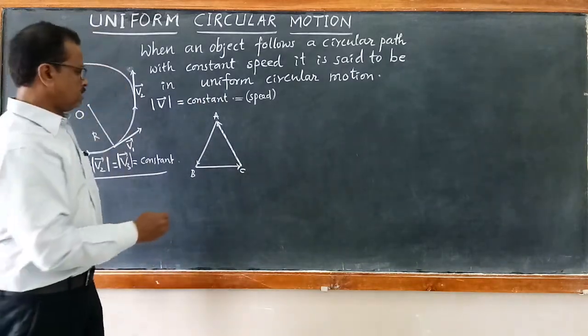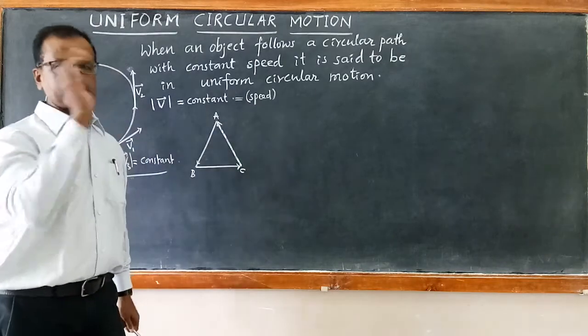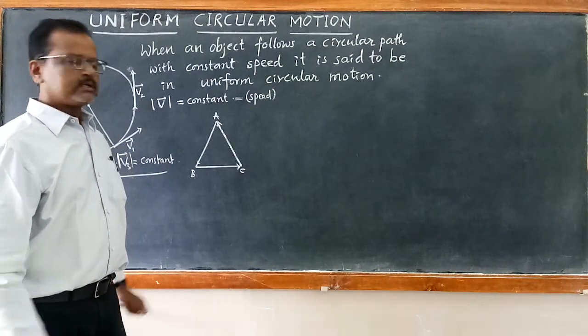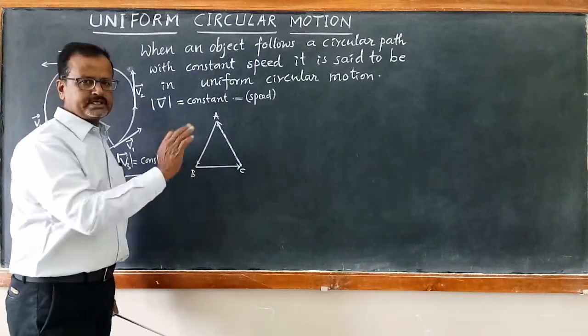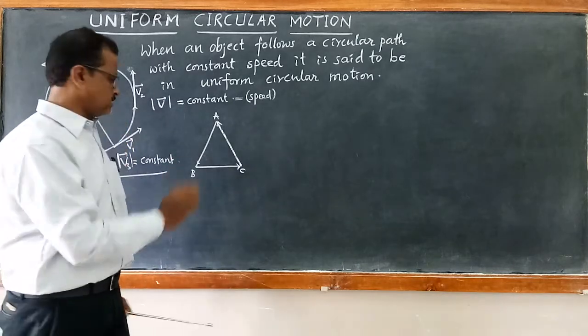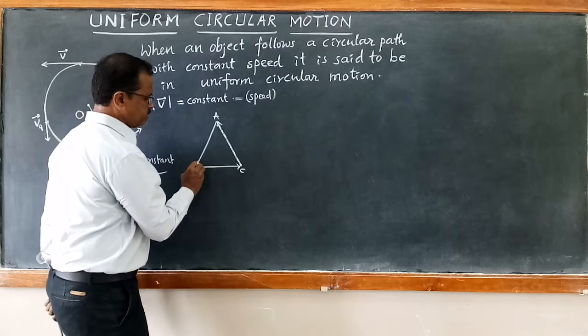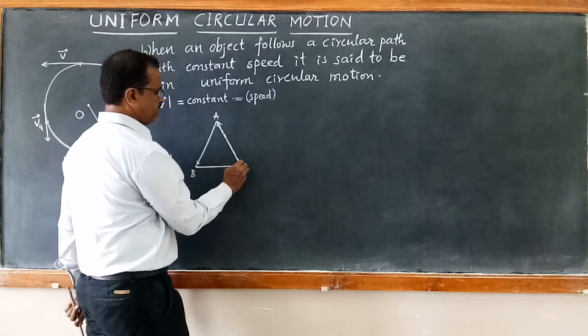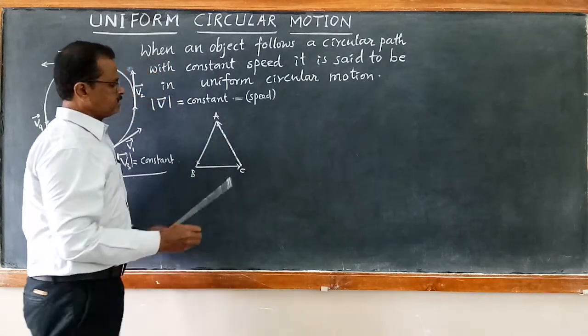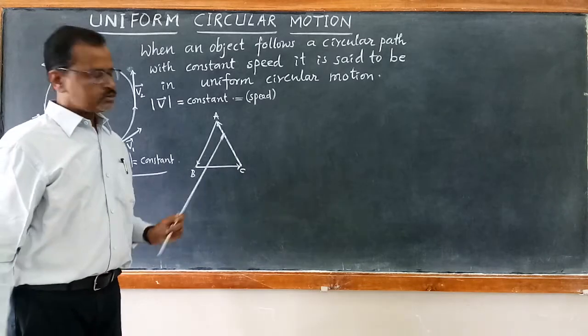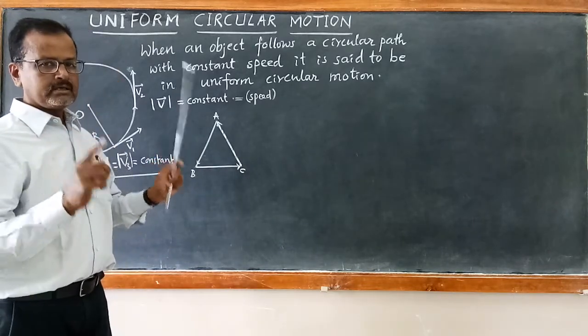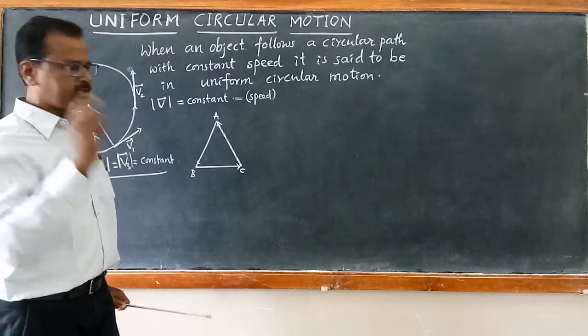Three times. Suppose you are running with a constant speed, not changing your pace. The moment you reach B, you change your direction from B to C, then from C to A. So on a triangular track, you change the direction three times.